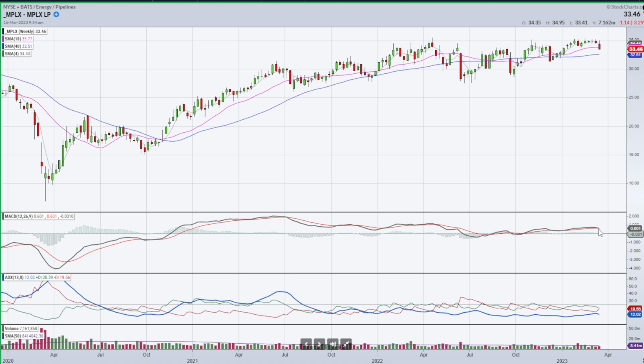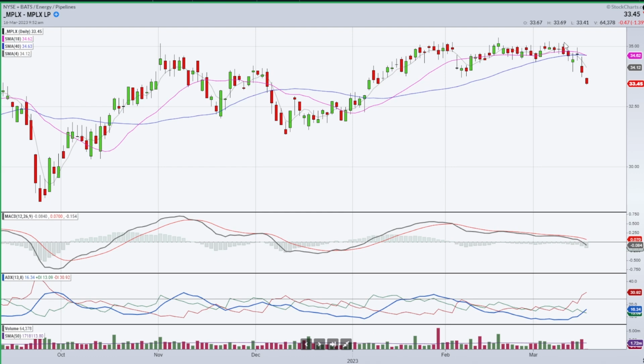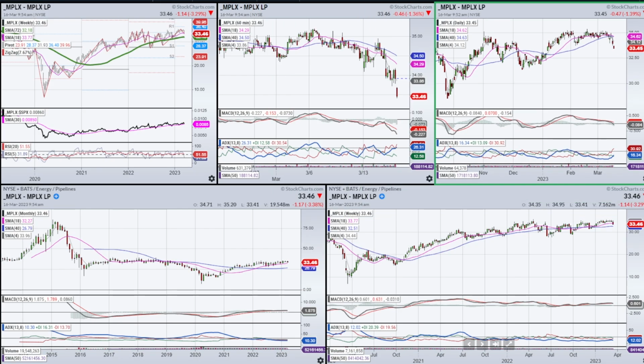And now the MACD is coming down through its signal line, and the MACD is breaking its 18. Look at what the daily is doing. You see how these lines are rolling over to the downside. So from a short to intermediate term standpoint, we've still got some risk probably down to 32 or something like that. The bigger picture pattern is still intact, but there's just nothing to do with these right now.